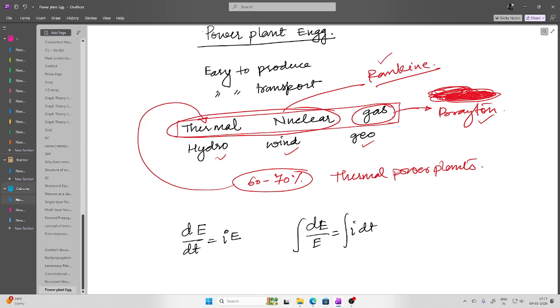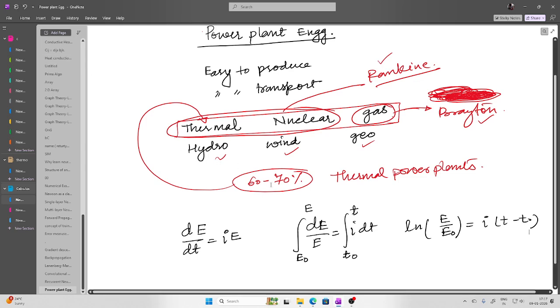Here I is the fractional rate by which the electricity production increases every year. At some base year t naught, the production was E naught, and I am interested in knowing the production after t years. So this will be natural log of E by E naught equals I times (t minus t naught).